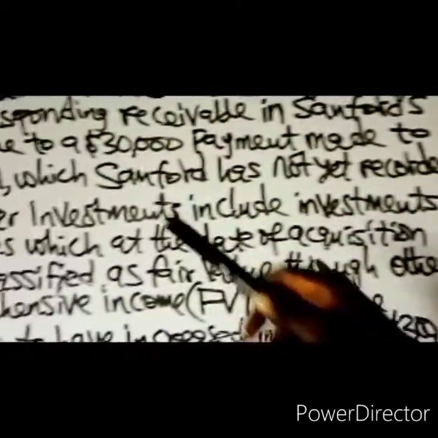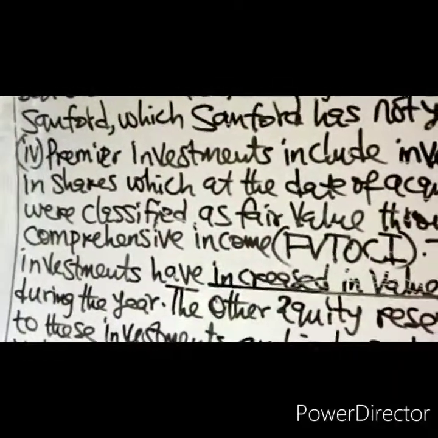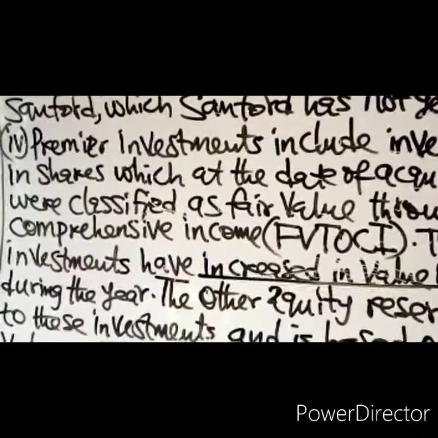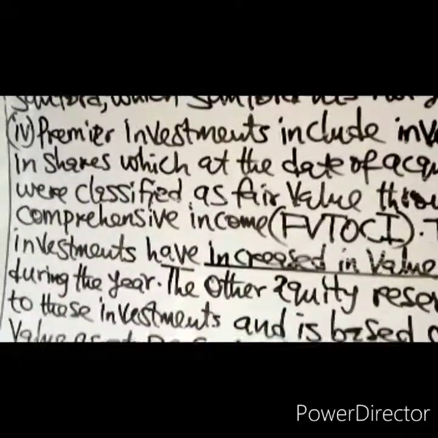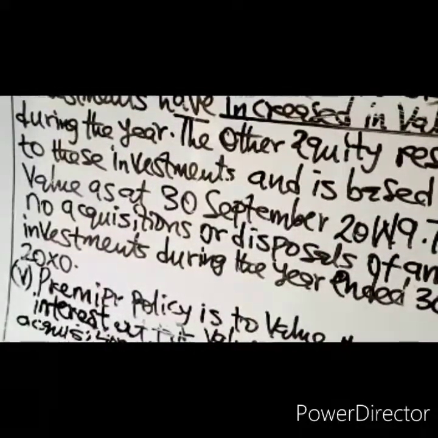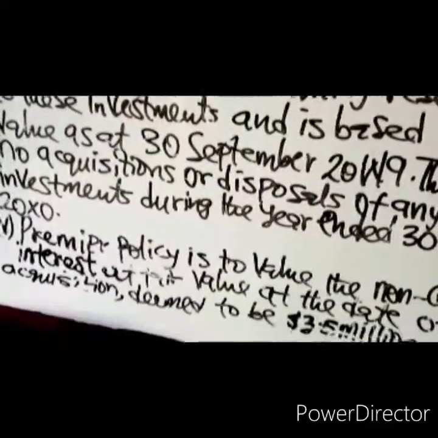Note 4 is about investment. Investment doesn't affect our current assets. Note 5 is about the policy, and note 6 is about the impairment loss.